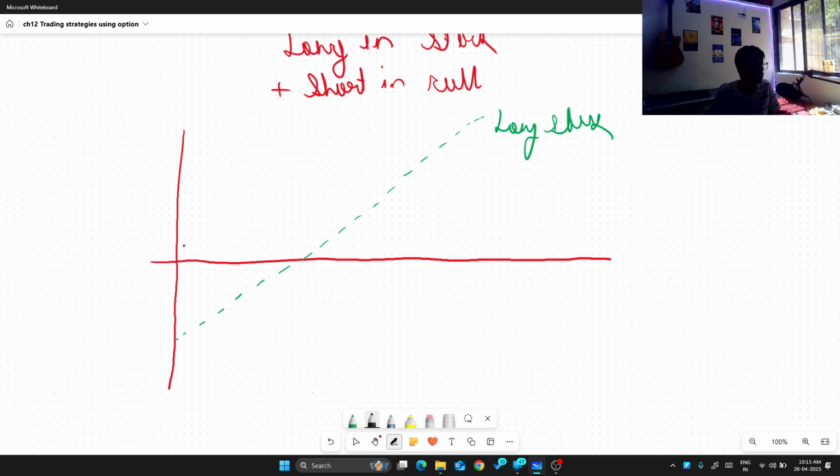So we shorted the call, so we will get premium first, and then our strike price is K here, so it will go down as it goes down, right? And our total payoff would be the addition of this, and that would be like this.